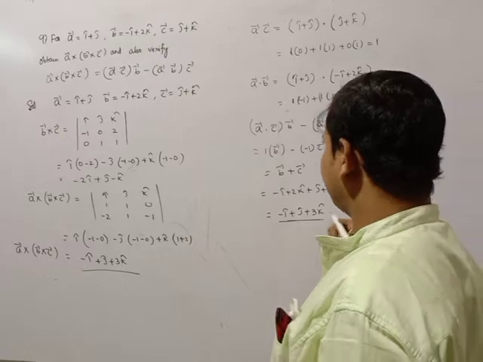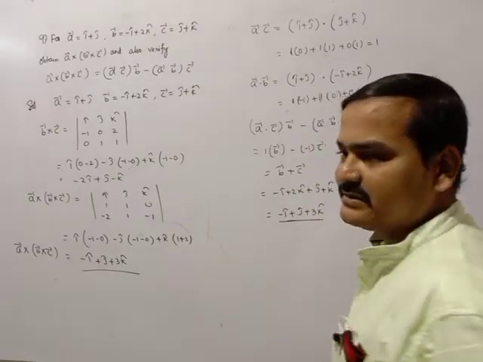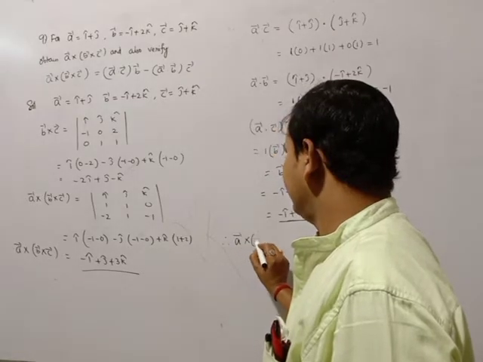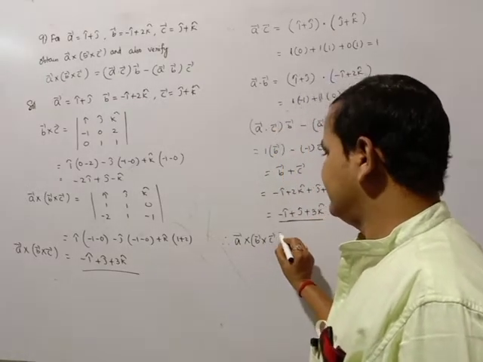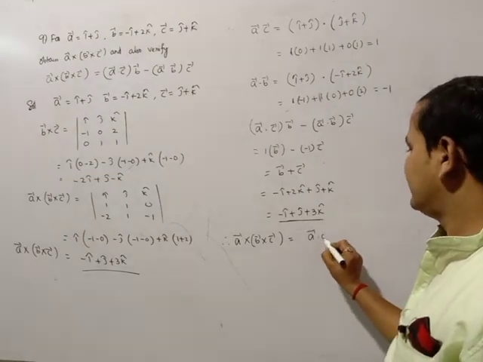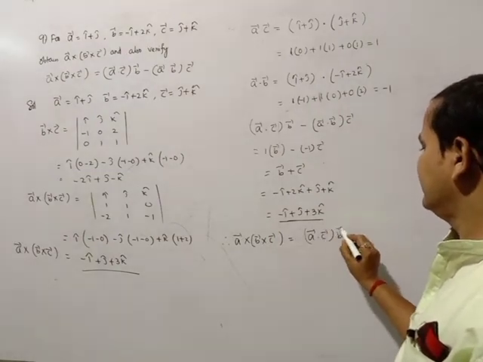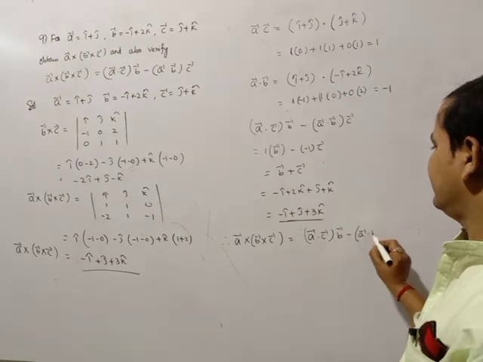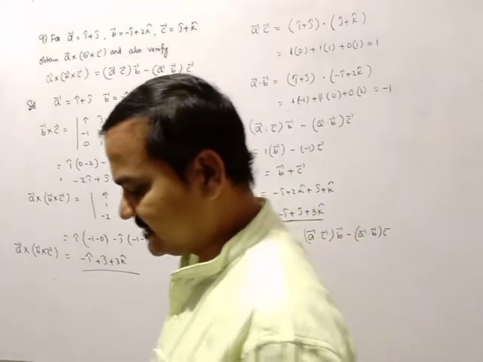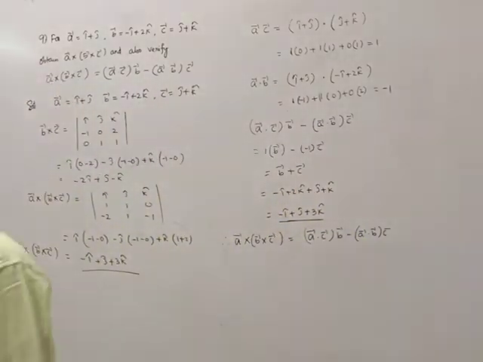See, here you get this value and that is the value. Both values are same. Therefore, A bar cross of B bar cross C bar is always equal to, according to this formula, A bar dot C bar into B bar minus A bar dot B bar into C bar. This is also one of the verification questions.